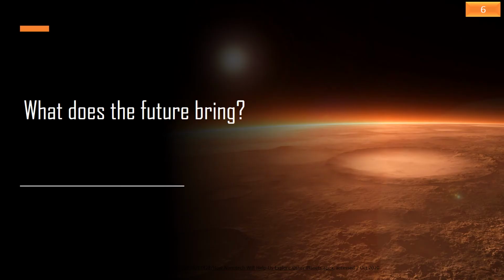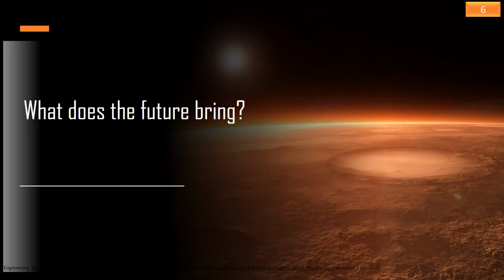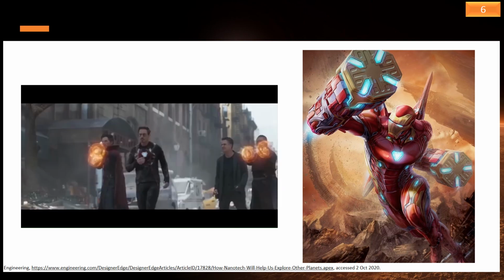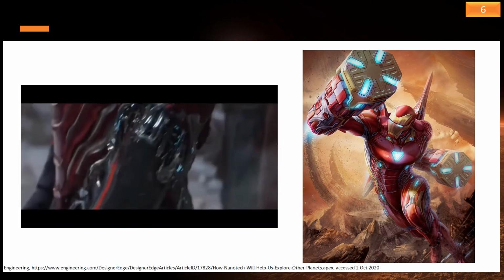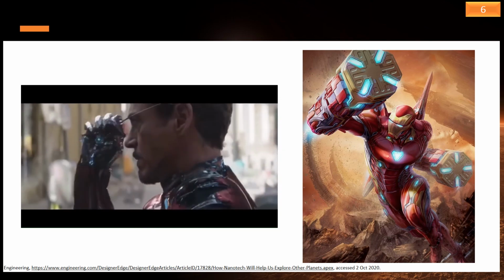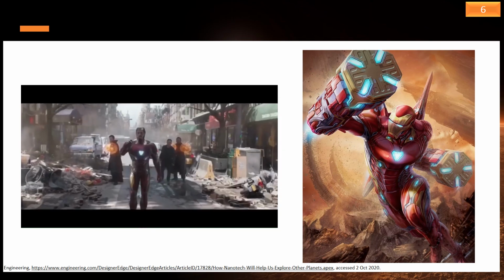Speaking of Mars, looking into the future, sadly, we are not at the scale yet that Tony Stark was with his sleek nanotech suit in Avengers, but it would be nice to one day fly around like Iron Man.